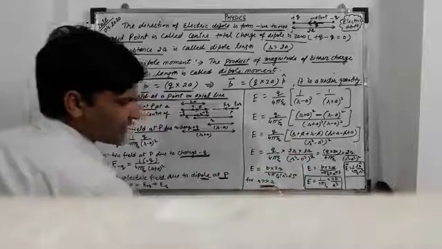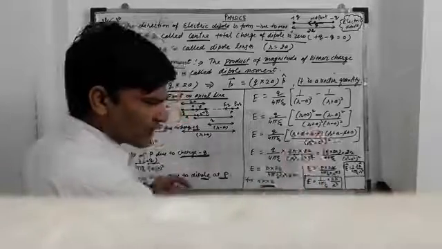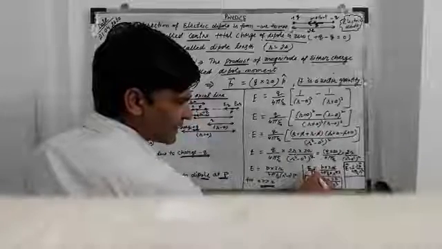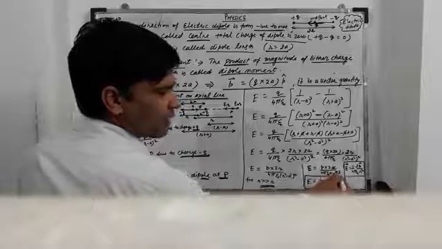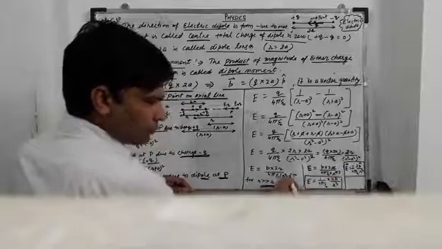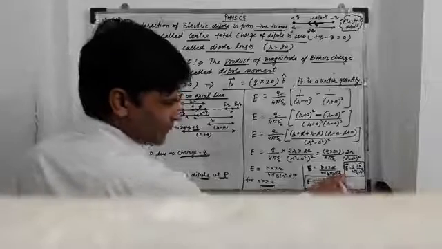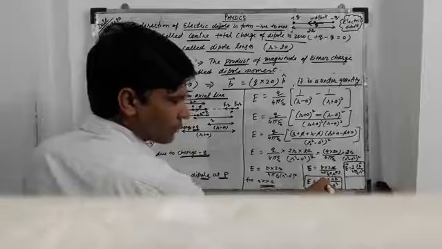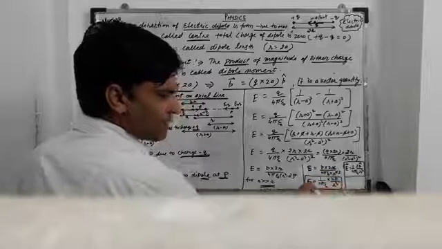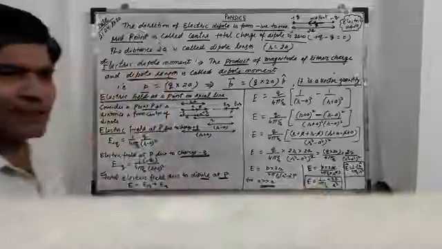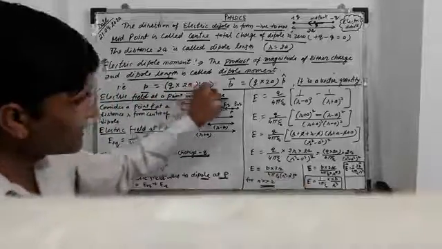Since r is much larger than a, we can neglect a square, so we get E is equal to p into 2r upon 4 pi epsilon naught r to the power 4. By cancelling one power we get E is equal to 1 upon 4 pi epsilon naught into p upon r cube, which is the required value of the electric field on the axial line.